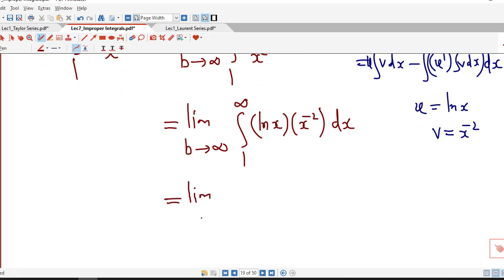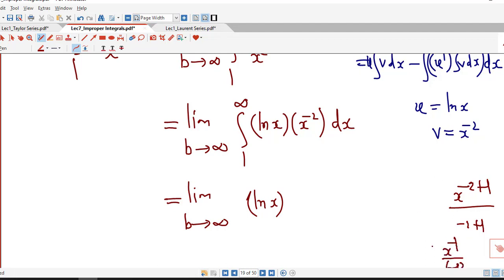So first we find out the value of this integral. So log x as it is, integral of x raised to minus 2 is x raised to minus 2 plus 1 divided by minus 2 plus 1, that is x raised to minus 1 divided by minus 1, which is minus 1 by x.